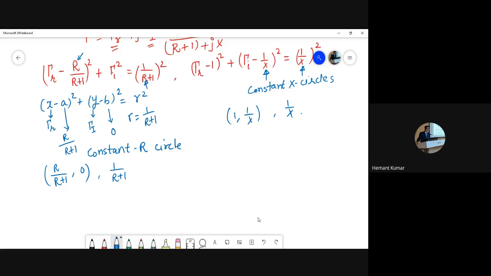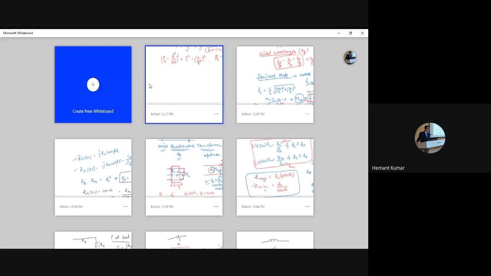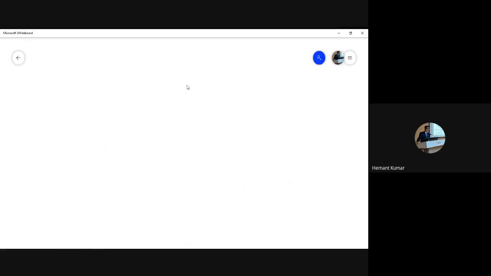So now we have constant R circles and constant X circles. Now we will plot these two circles.